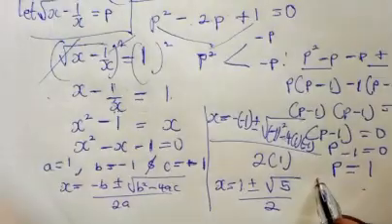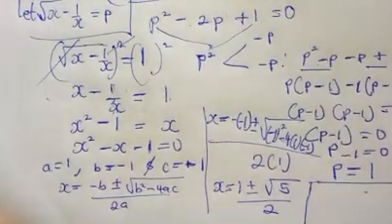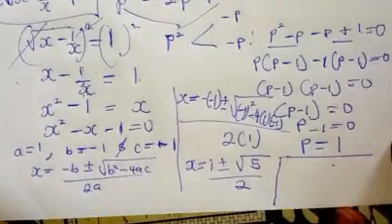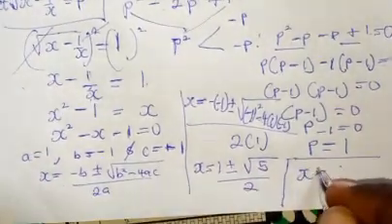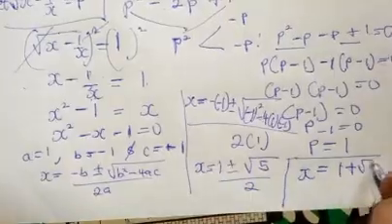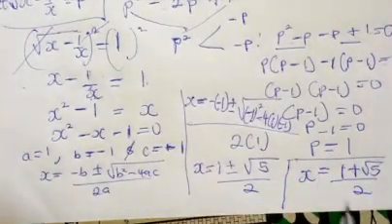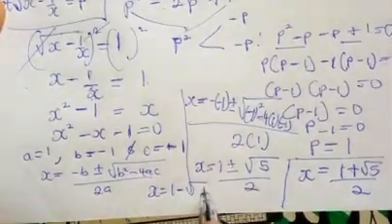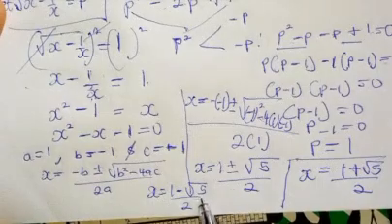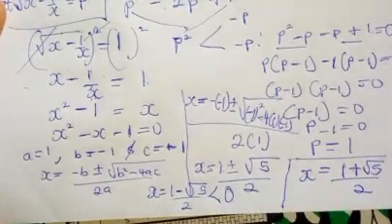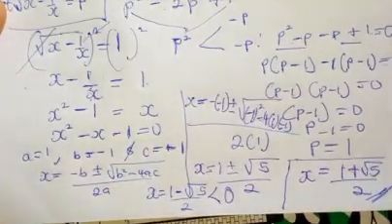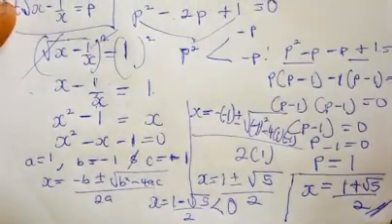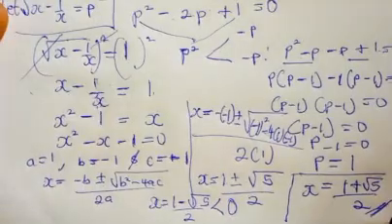But I want us to know that the only real solution for x is equals to 1 plus root 5 over 2. The reason why x is not equals to 1 minus root 5 over 2 is because this is less than 0. And we have to look for the real value of x. So the answer for x from this math Olympiad question is 1 plus root 5 over 2.